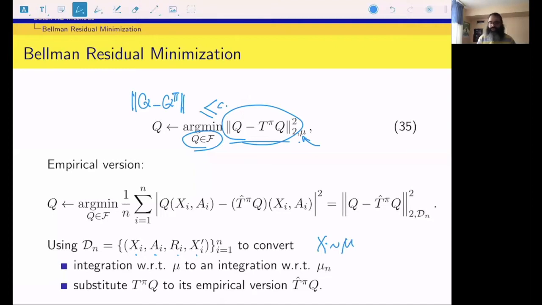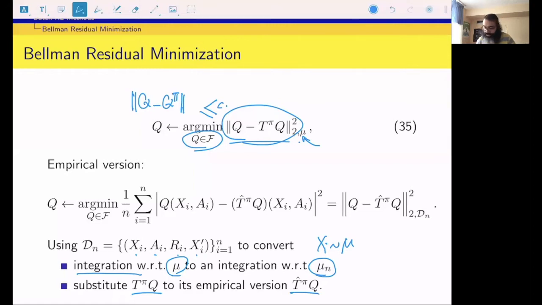Basically, we are replacing this integration with respect to mu with integration with respect to the empirical distribution or empirical measure, which is defined based on this data. The other step where we use data is that we substitute T pi Q with its empirical version, the empirical Bellman operator applied to Q.